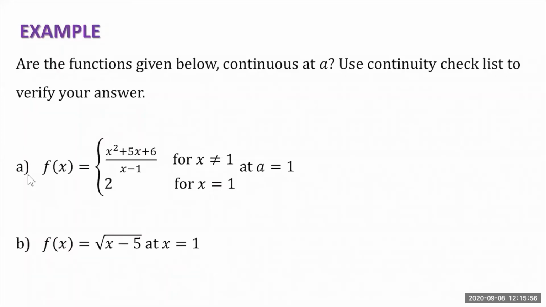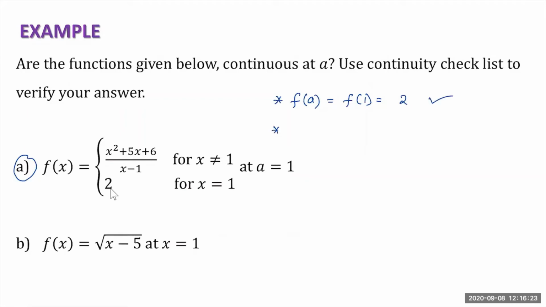So in part A, first, let's find the value of the function at a. So a is 1, so I want f of 1. f of 1, the value of the function at x equal to 1, is equal to 2. So the first condition is true. The function is well defined.